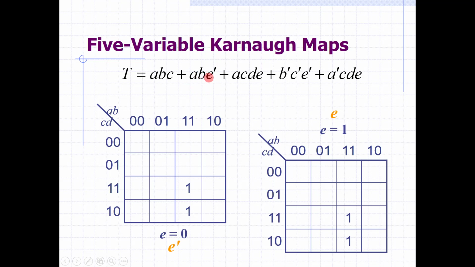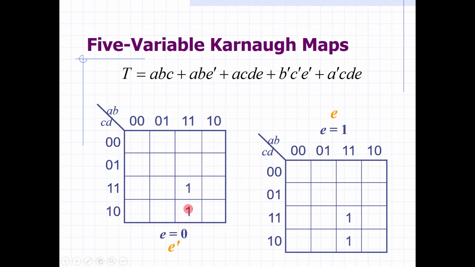And then we can do the same for the next term. This one is A is 1, B is 1, E is 0. So now I just have to look at this picture because I know that I only have to deal with E being 0. So I can forget about the one over here. So I just need to know when A is 1 and B is 1. Well, that's this spot, this spot, this spot, and this spot.